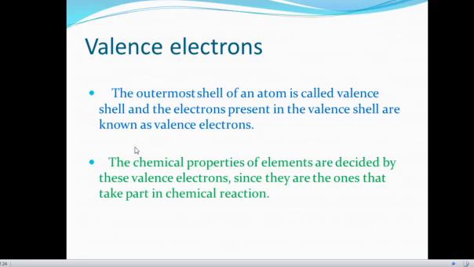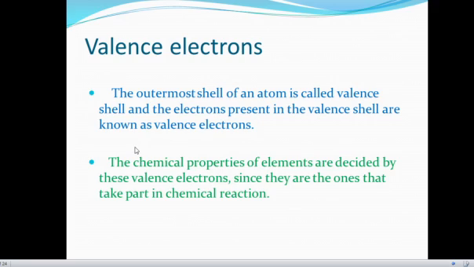For an element, the number of electrons present in the outermost shell is called its valence electrons. We call them valence electrons because only these electrons take part in a chemical reaction, and they decide the chemical properties of the elements.